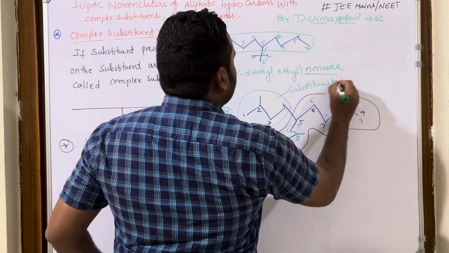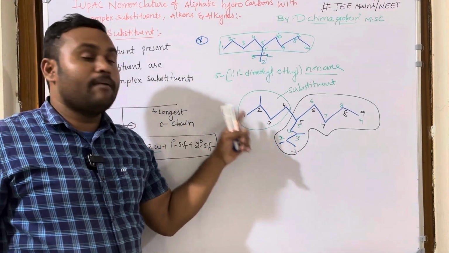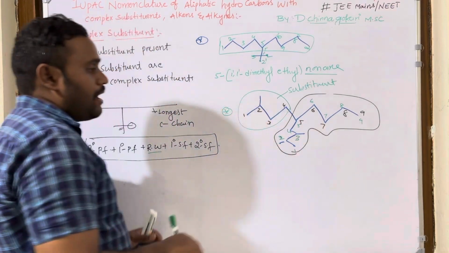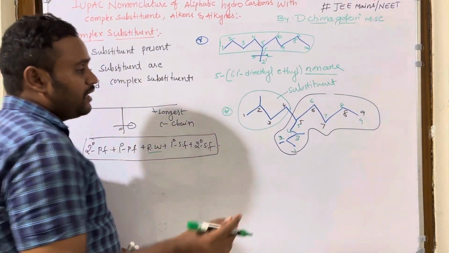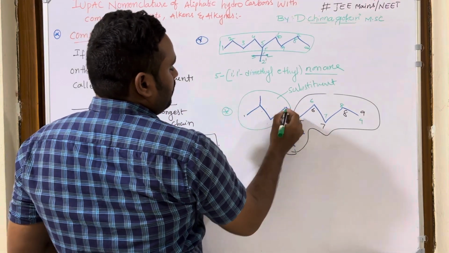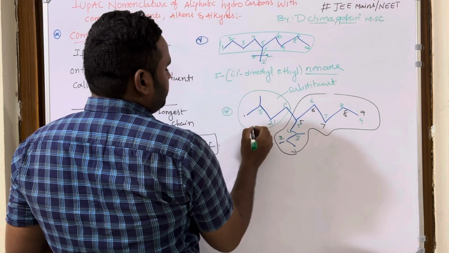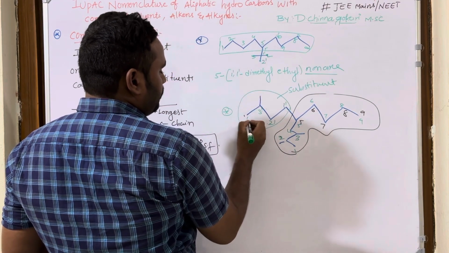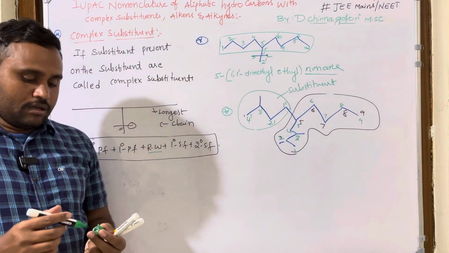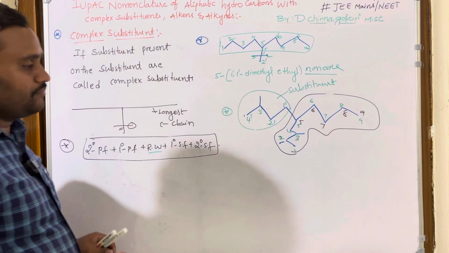When you observe here, it is not a simple substituent, it is a complex substituent. When we have a complex substituent, we should immediately give the numbering, that is 1', 2', 3', and here 4', and here also 4'. Like that we give numbering in the substituent also. Now let us start the name of this compound.